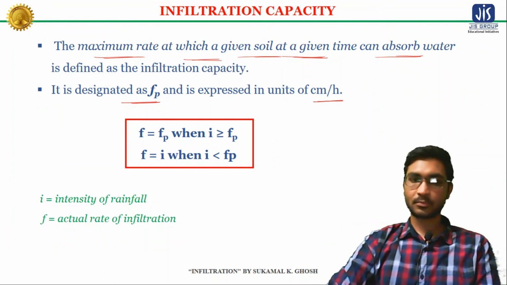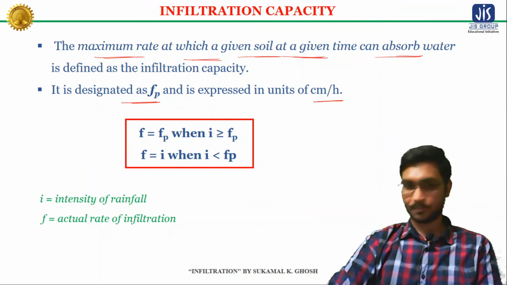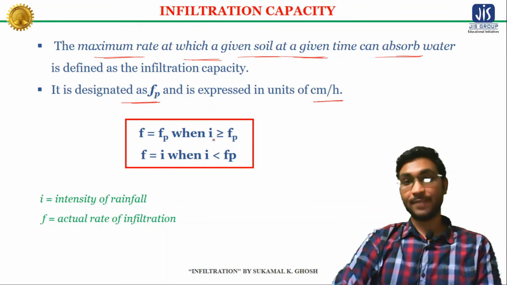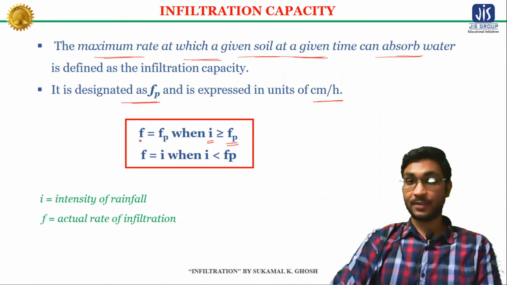Okay. Now there is a relation between the intensity of rainfall, the actual rate of infiltration, and the infiltration capacity. So when the intensity of rainfall, which is designated by i, is more than or equal to the infiltration capacity, the actual rate of infiltration, that is f, will be equal to the infiltration capacity.